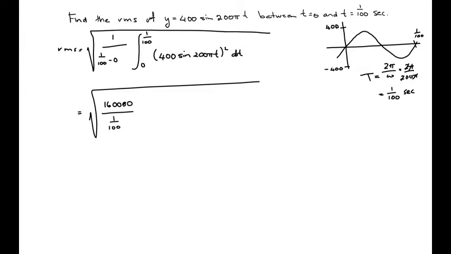Now we've got to integrate between 0 and 100th of sine 200 pi t squared.